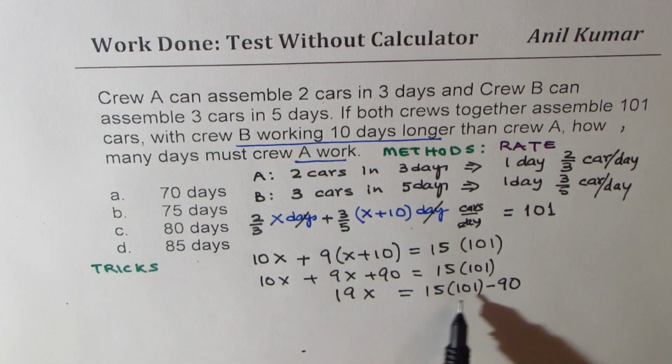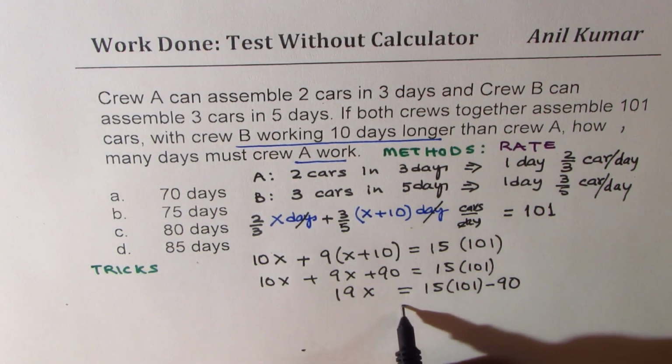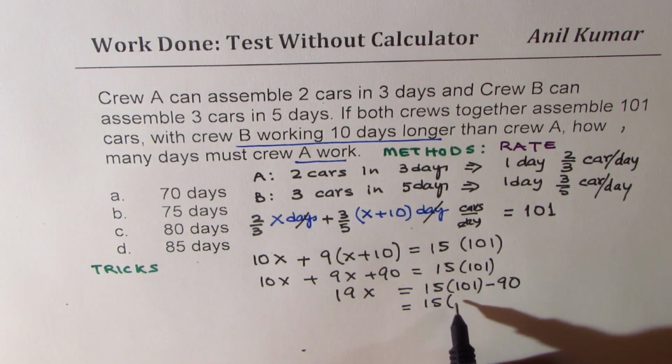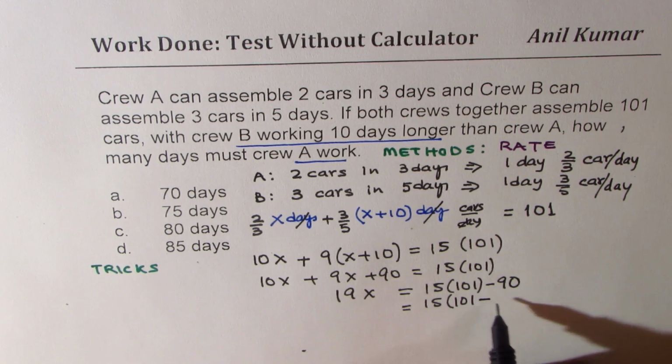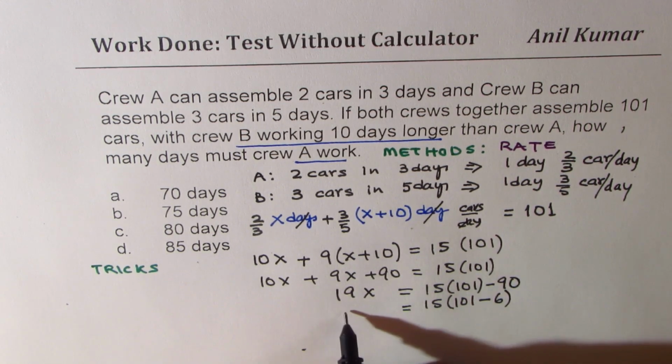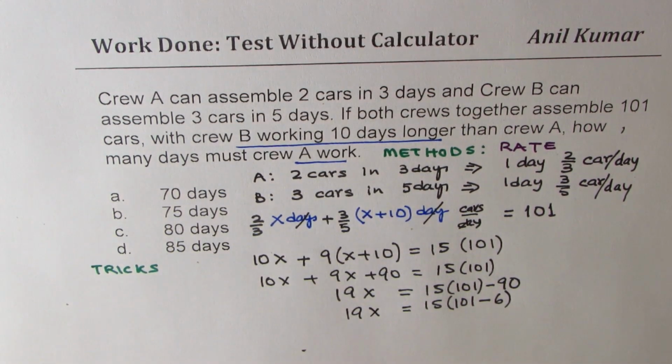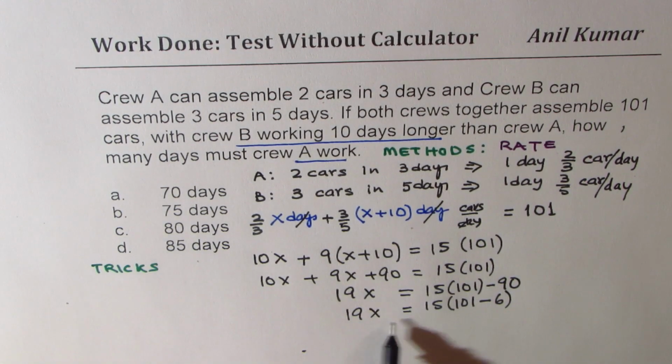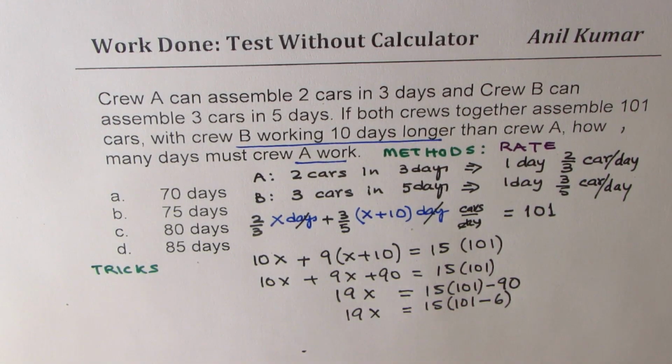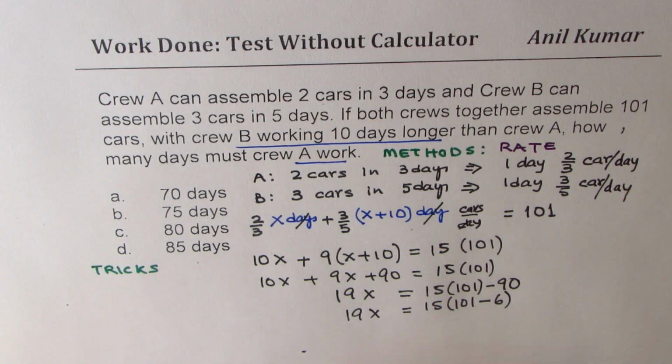Now 90 is 15 times 6. So we could write this as 15 times 101 minus 6, right? So which is 19x. And we can now calculate x as dividing this by, let me take it to the right side.